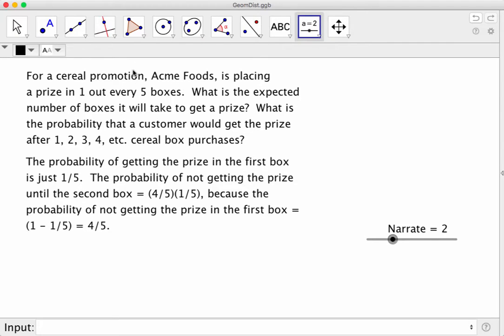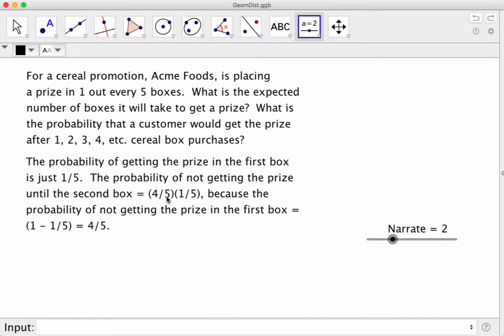Okay, so as we said, Acme Foods is placing a prize in 1 out of every 5 boxes. So we already said that the probability of getting the prize in the first box is just 1 out of 5, 0.2. The probability of not getting the prize until the second box is equal to 4/5 times 1/5, because the probability of not getting the prize in the first box is 1 minus 1/5, or 4/5.